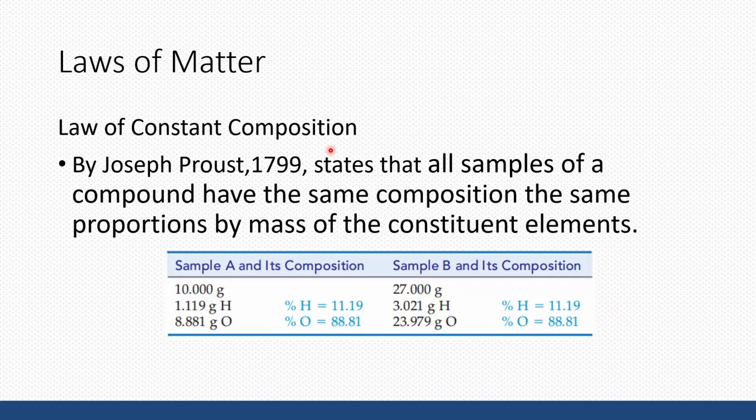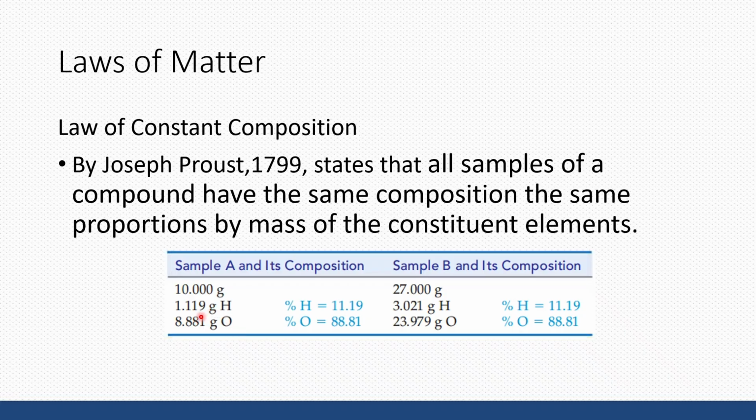Next, the law of constant composition by Joseph Proust, which states that all samples of a compound that have the same composition will have the same proportions by mass of the constituent elements. For example, here in sample A, we have 10 grams, say, of a compound, which contains 1.119 grams of hydrogen and 8.881 grams of oxygen.